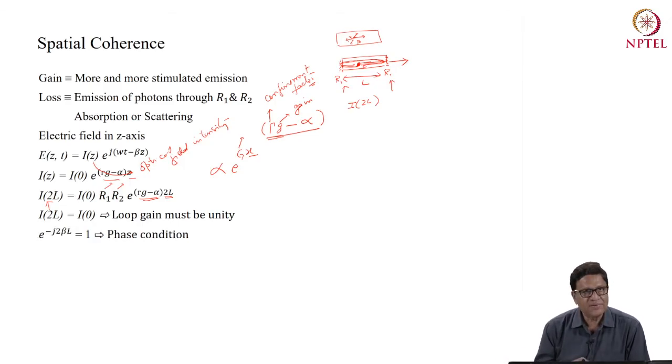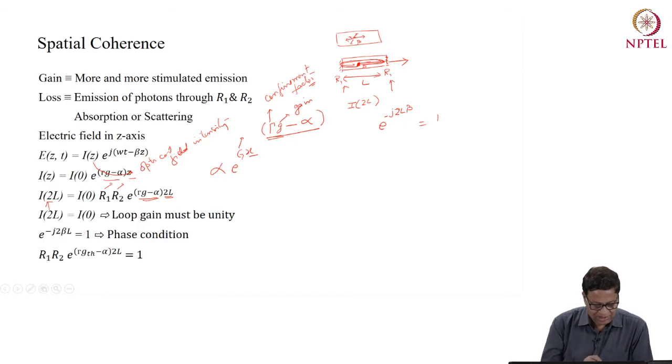The other condition is a phase condition, which happens typically in an oscillator: e raised to minus j, 2L, this distance, into the propagation constant, should be 1. So these two conditions should be satisfied. It will ensure that the laser operates in a continuous fashion, or is in an oscillatory mode.